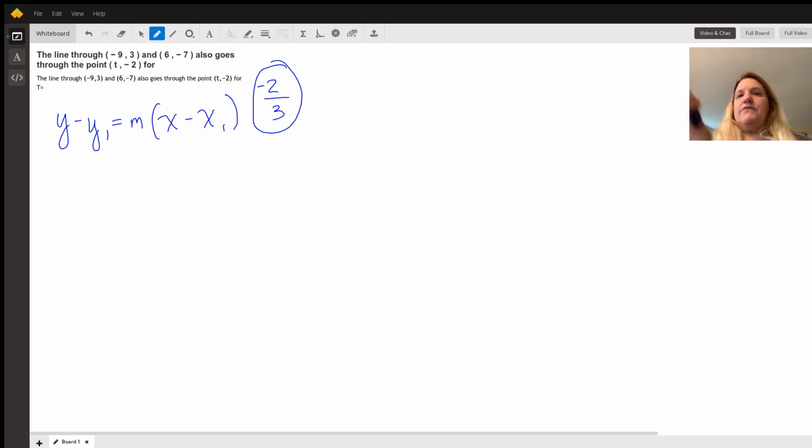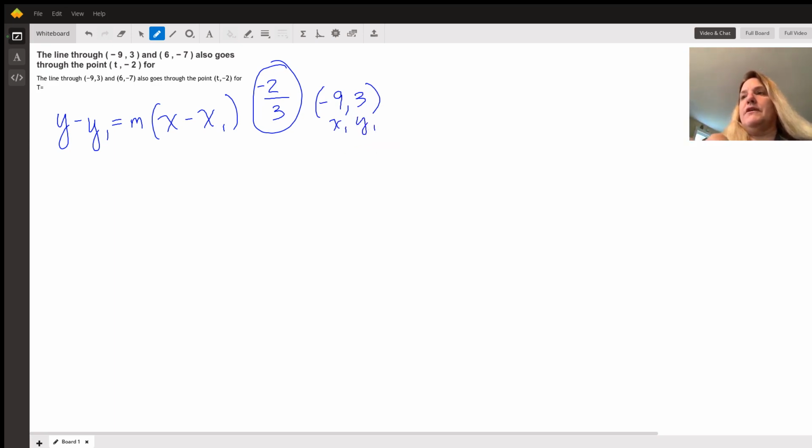I can use either of the 2 points that were given to me to find the equation of my line. So in other words, for the x and the y that I'm going to substitute in here, I can use either of the 2 points. I'll use the first one, which is (-9, 3). So this is then going to be my x1 and my y1 value.